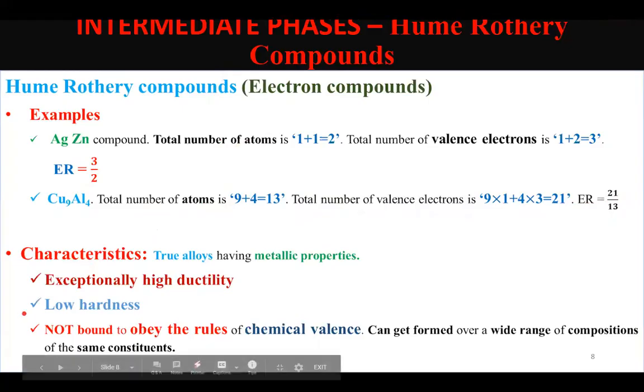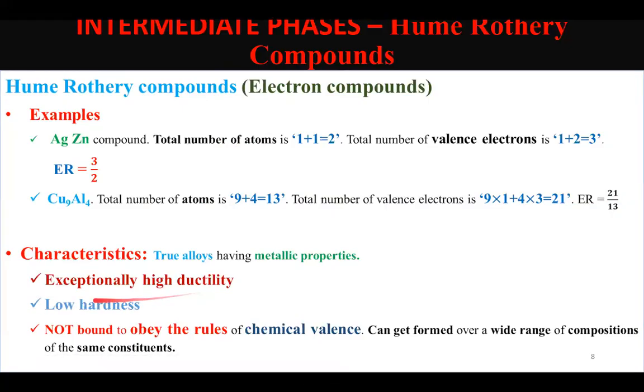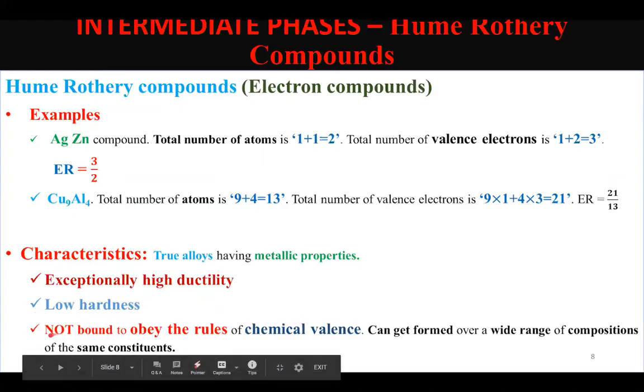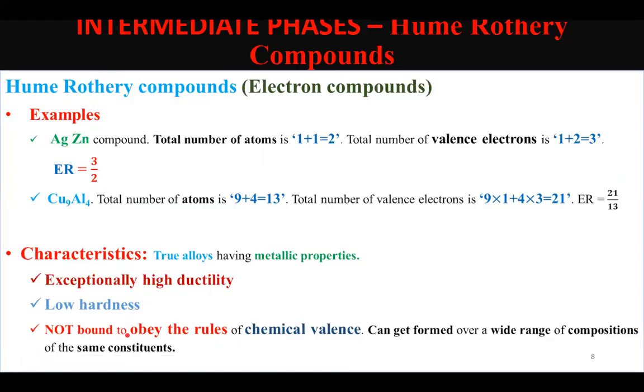What are the characteristics of these intermediate phases, which we call Hume-Rothery compounds or electron compounds? You see, they have exceptionally high ductility. Their hardness is always very low. And one thing which makes them very different from conventional chemical compounds is that they are not bound to obey the rules of chemical valence. Means there is no binding on them to complete their octet, to complete their valence shell.